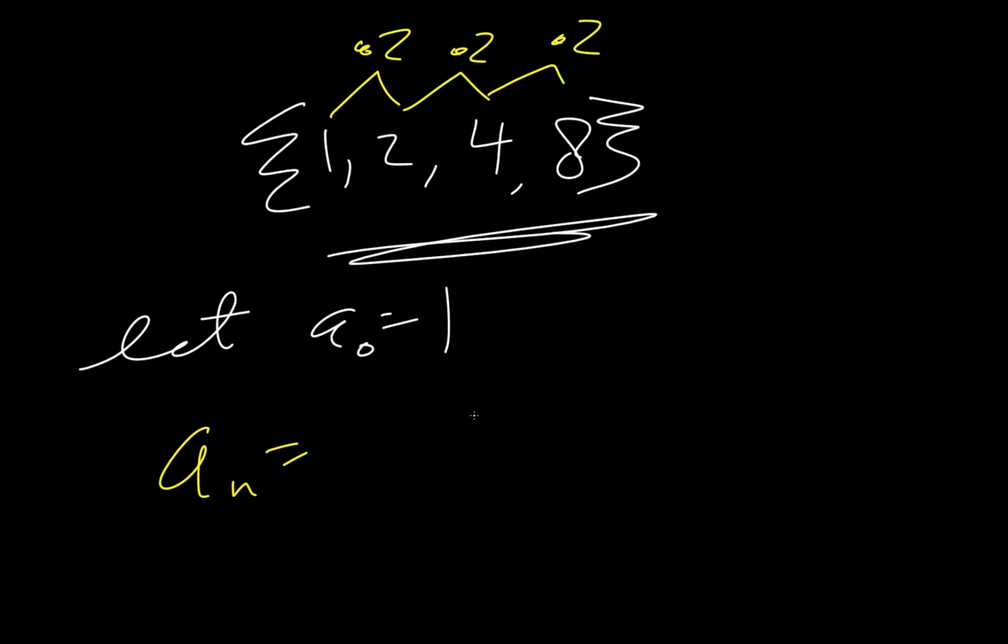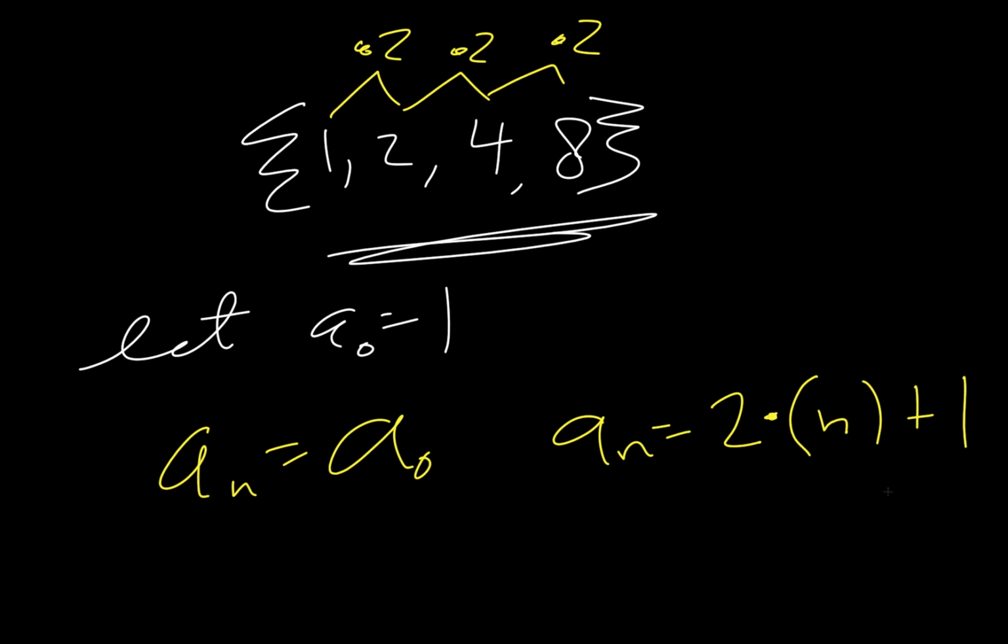So we start at 1, or a naught, and since we're multiplying, we just need to multiply this by whatever. So a sub n equals 2 times n plus 1.